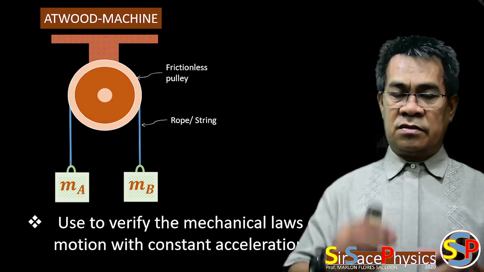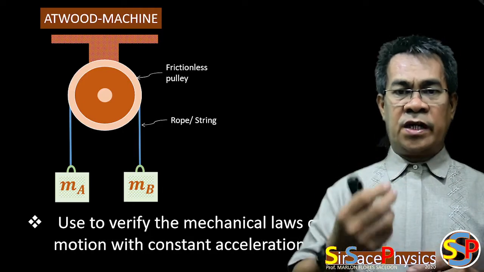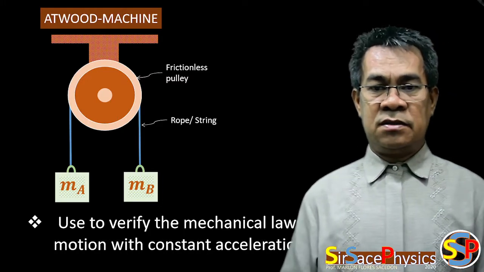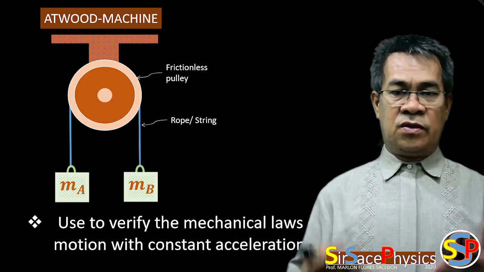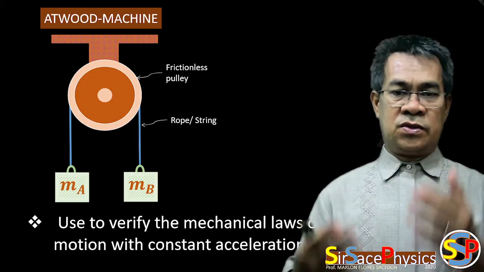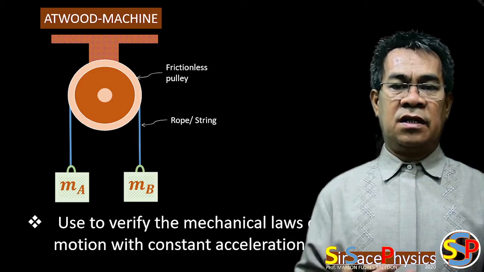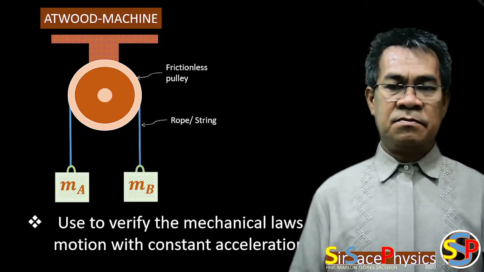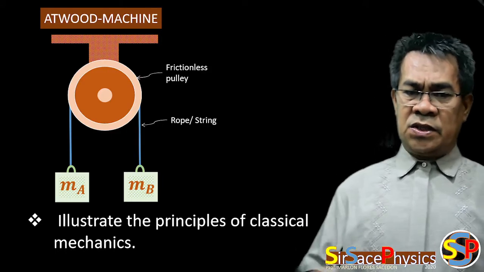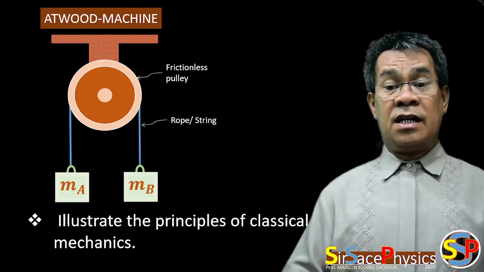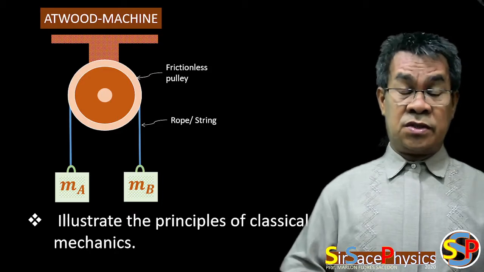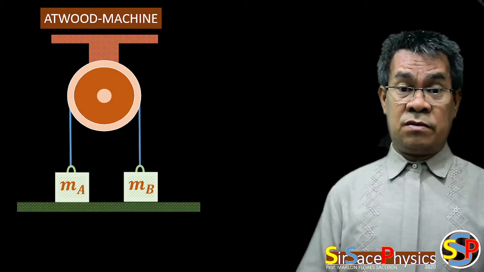Take note that we can call it an Atwood machine if we can ignore the frictional force on the pulley, and the friction of the string in contact with the pulley is approximately equal to 0, meaning we can ignore it for simplicity. Now, this illustrates the principle of classical mechanics. This is the common material used for demonstration, the Atwood machine.